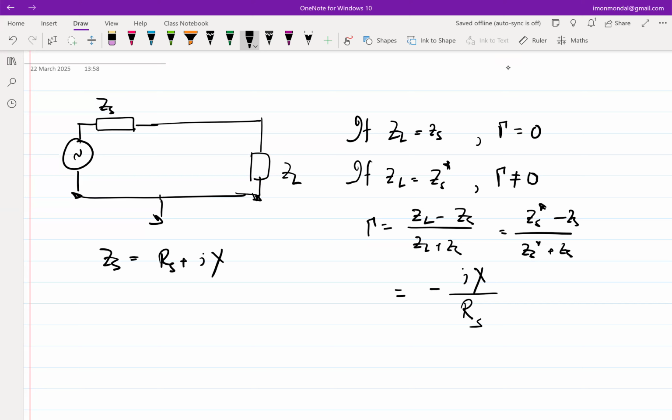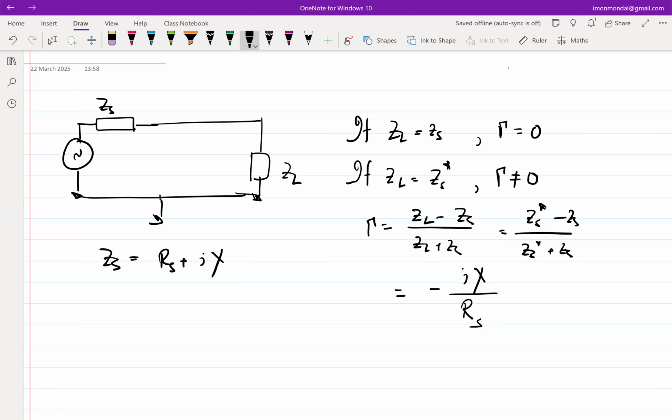Okay, so you will have a gamma which is obviously not equal to 0, which essentially means that there will be reflection, right? So that's not a problem. Well, I shouldn't say not a problem. Whether it's a problem or not depends on what you are trying to achieve, right?